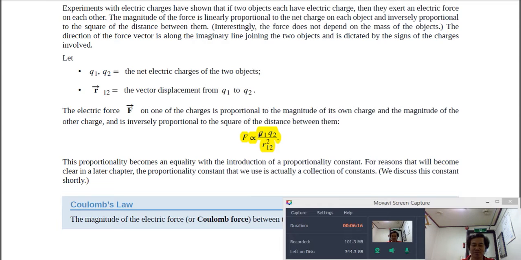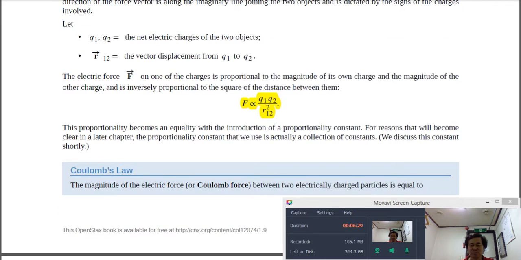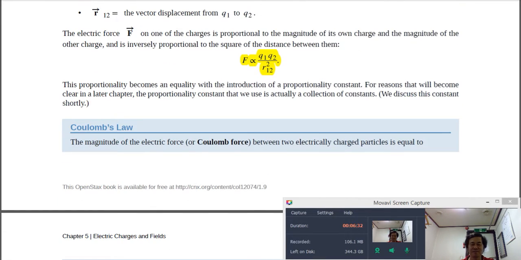So he found this relationship by the experiment. He discovered the electric force between two charges.